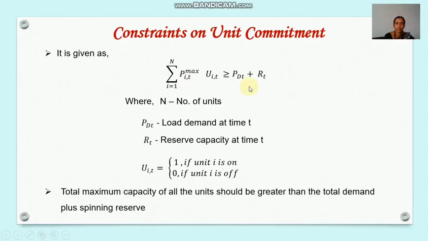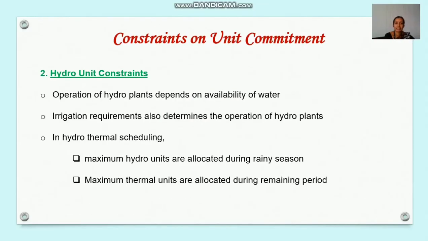Okay. So now moving on to the second constraint, that is hydro unit constraints. Some constraints applicable to hydroelectric power plants. So we know that in most of the power system networks, there are different types of power plants, right? There can be hydroelectric, thermal, nuclear power plants, etc. Now suppose a system is having only hydro plants and thermal plants.